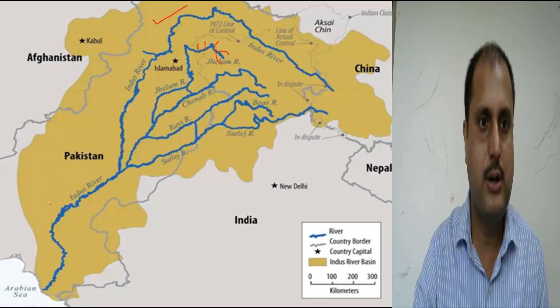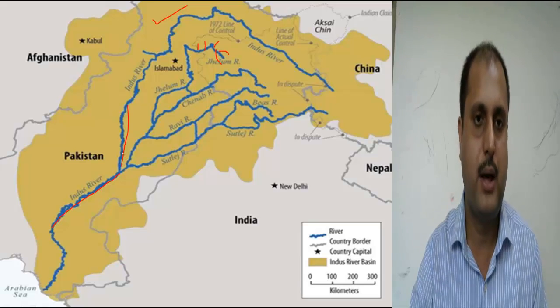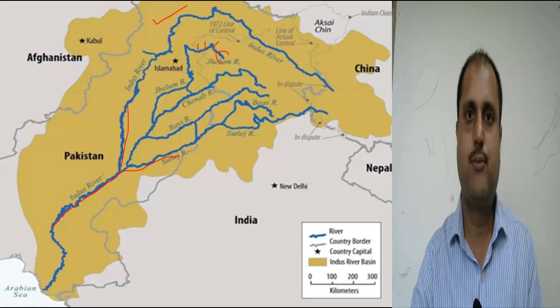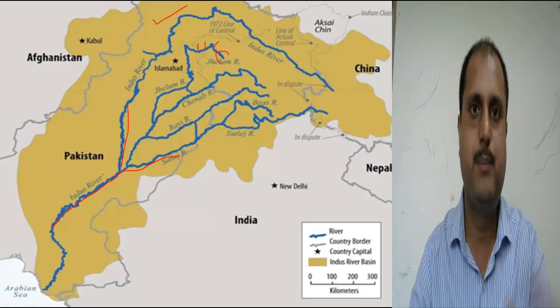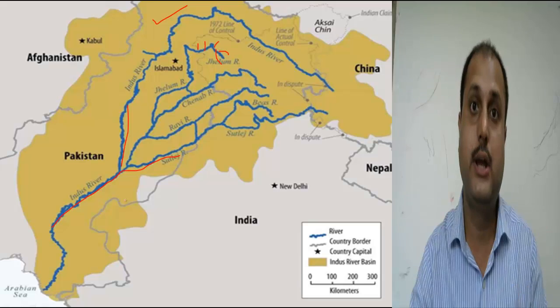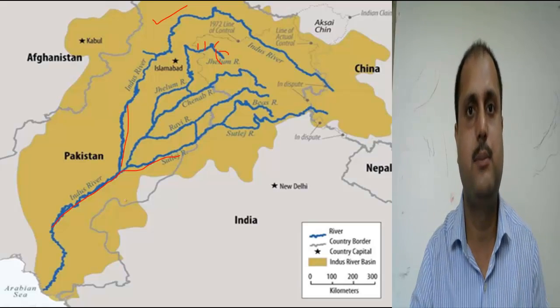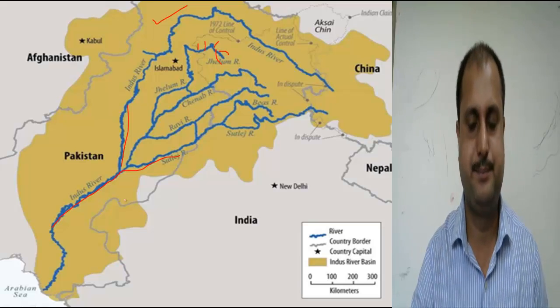So this is the tree-like structure: this is the stem, and these are the different branches. It is in the plain area. Even the Ganga river forms the same kind of dendritic pattern. It is found in the majority of the rivers of India because it is in the plain area.